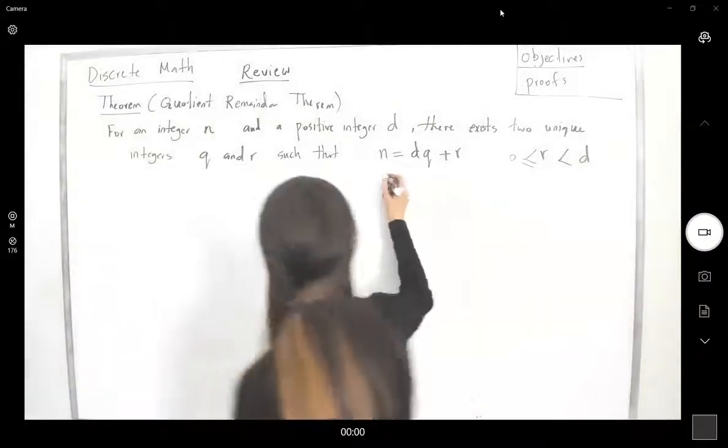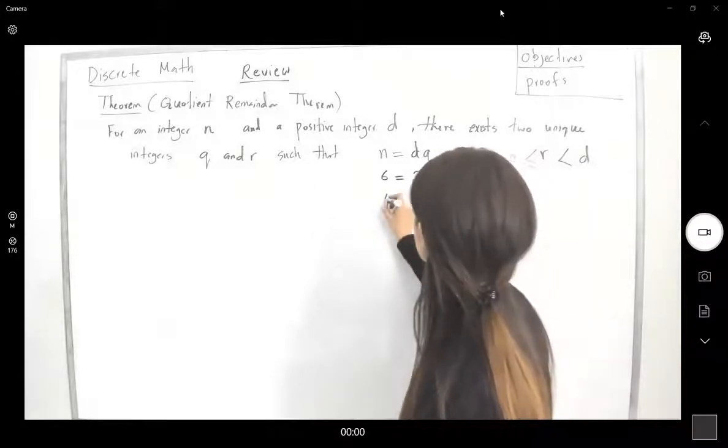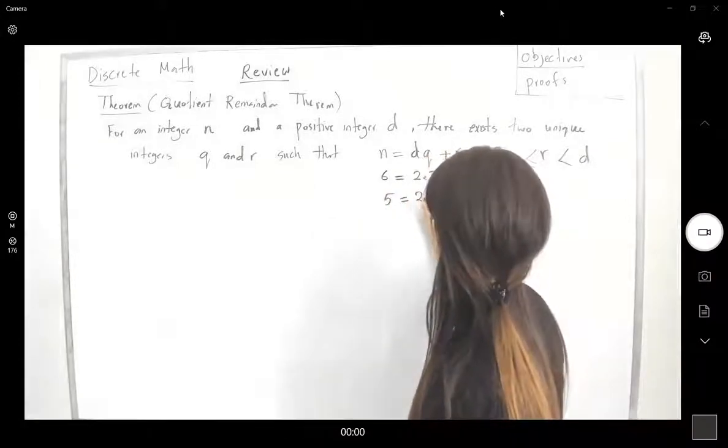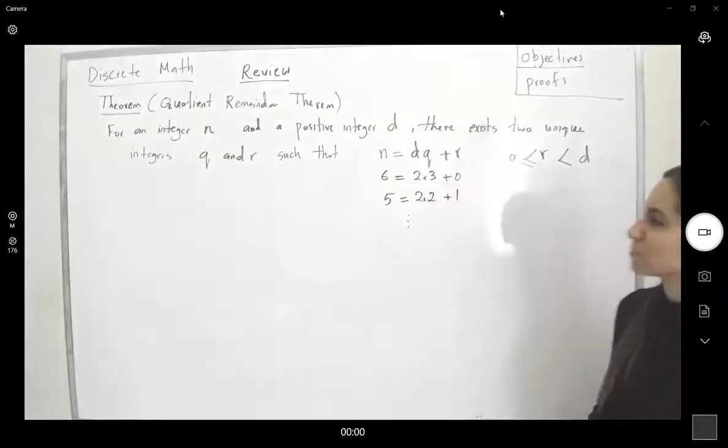Like 6 can be written as 2 times 3 plus 0. 5 can be written as 2 times 2 plus 1, and so on, the rest of the numbers.